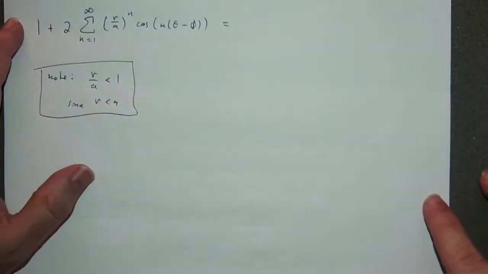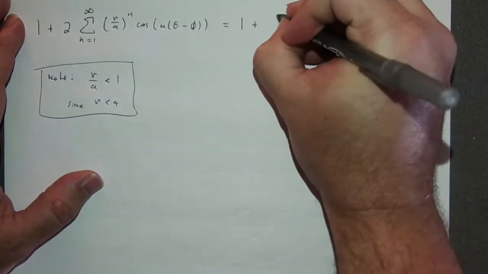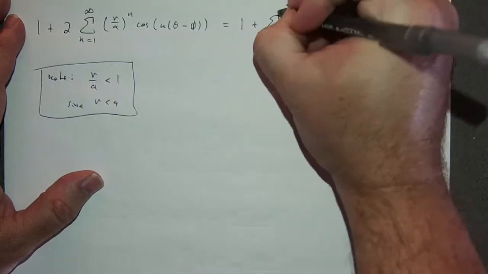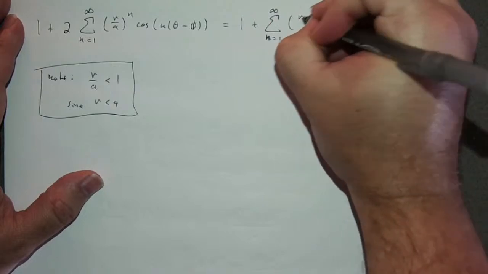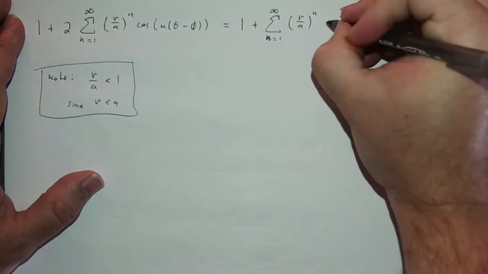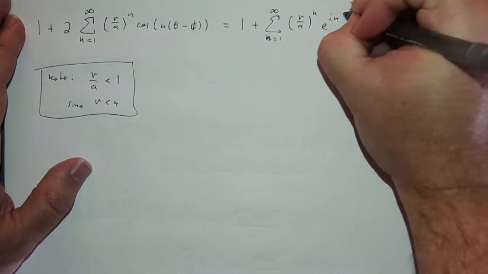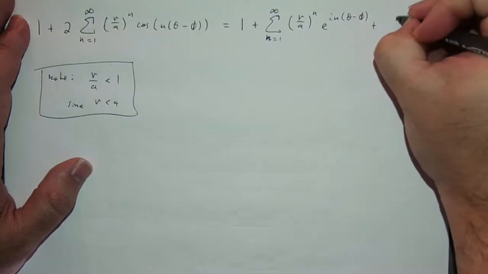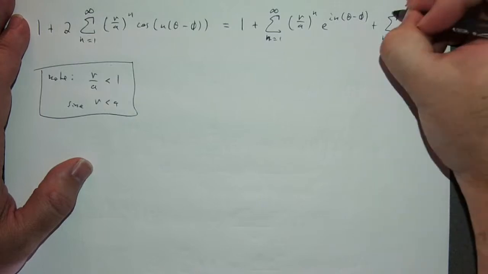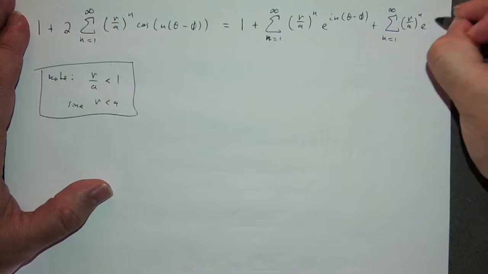So rewriting this, this is 1 plus the sum from n equals 1 to infinity of (r over a) to the n e to the i n (theta minus phi) plus the sum from n equals 1 to infinity of (r over a) to the n times e to the minus i n (theta minus phi).